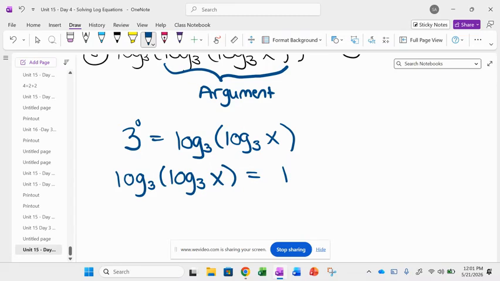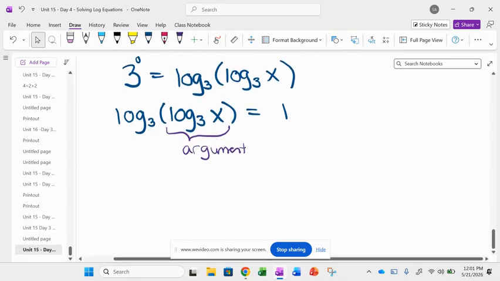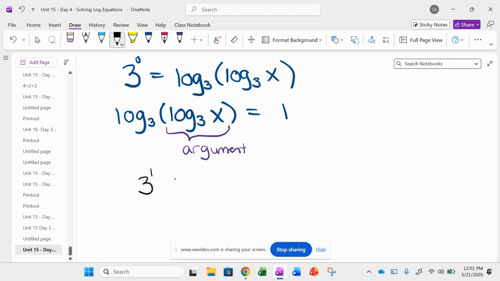Well, guess what I'm going to do again? Same thing, but this time this is my argument. So now when I change this log back into an exponential, it's going to be 3 to what power? The first power equals the argument, which is log base 3 of x.